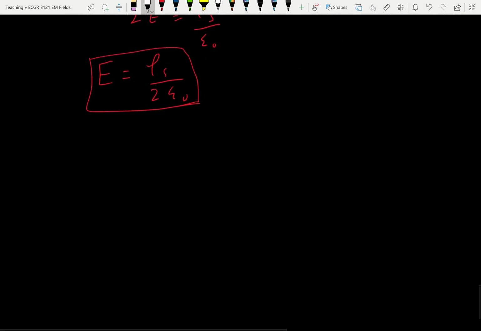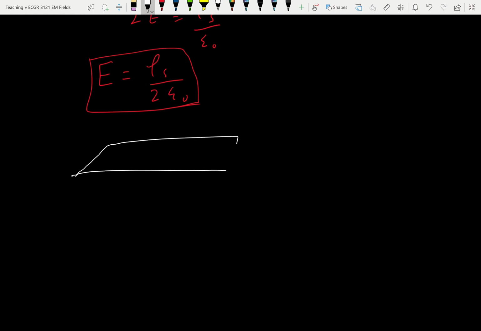Okay. What happens if I have a parallel plate? So I have two finite planes that are parallel. What happens outside the plates? So on top of the two plates and on the bottom of the two plates.